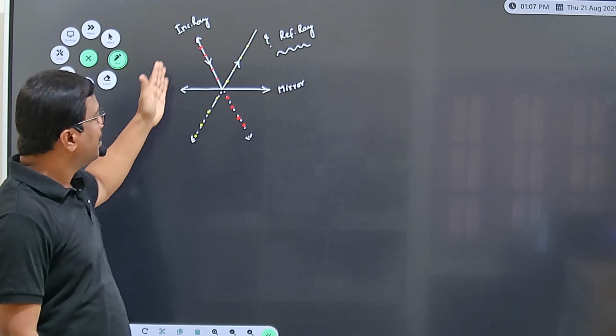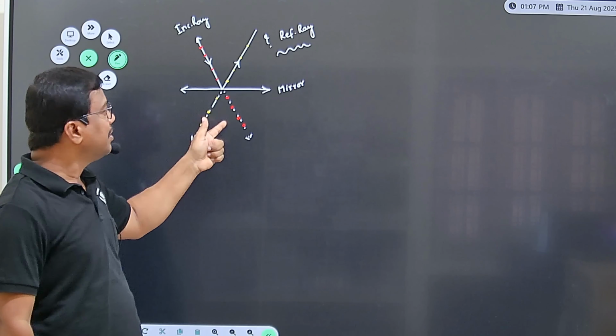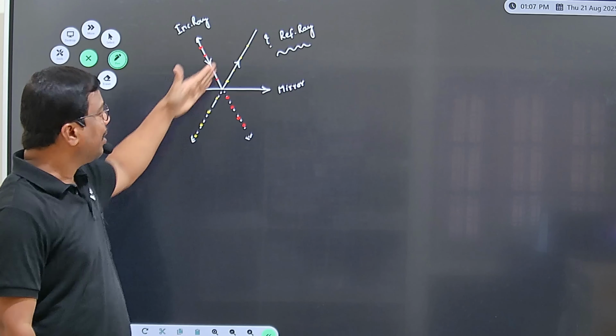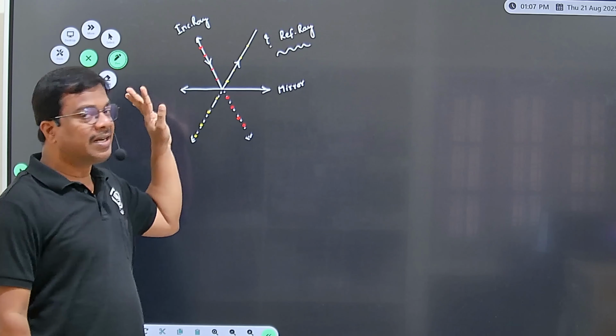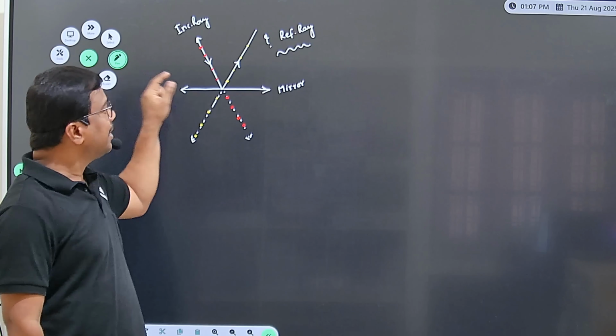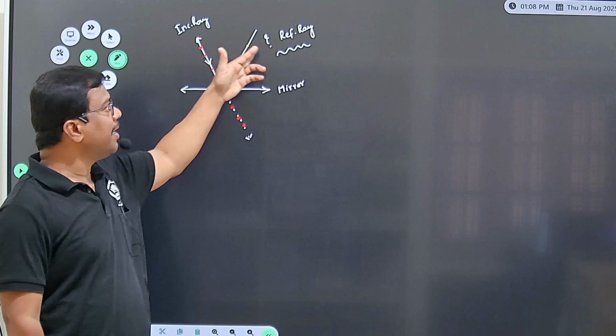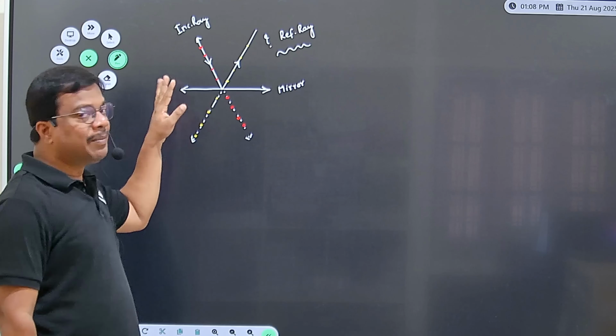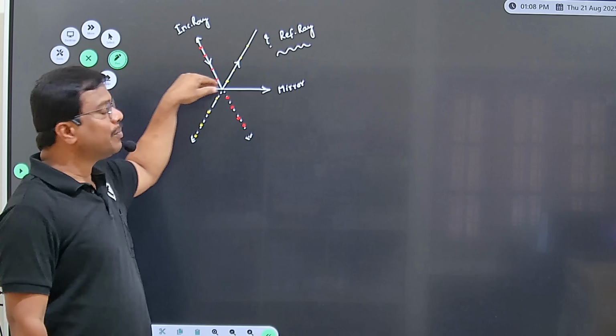Observe the red colored points, which are the collection of points on the incident ray, and the yellow colored points on the reflected ray. Clearly, those required points which are lying on the reflected ray are image points with reference to the mirror.